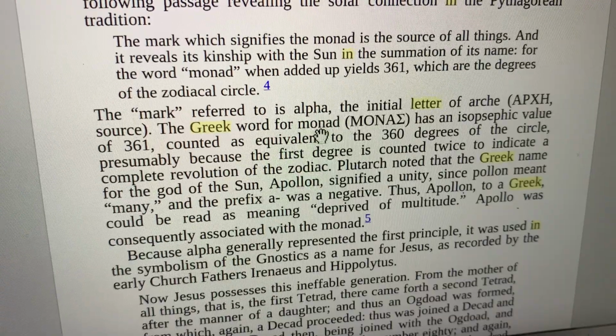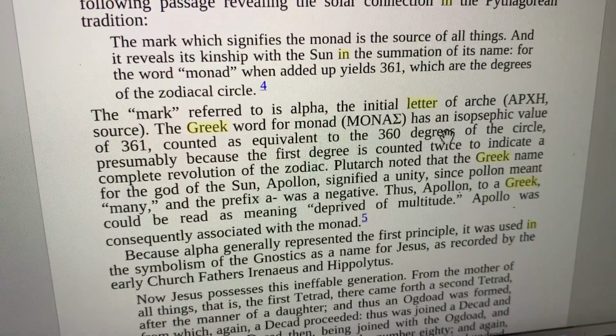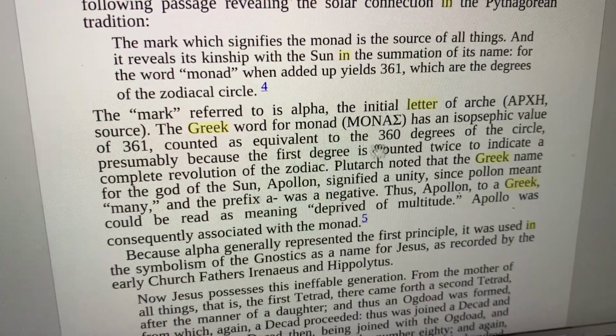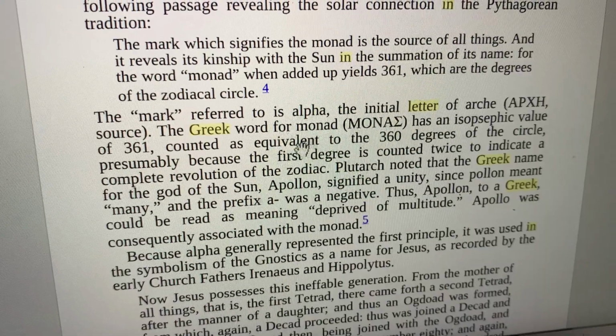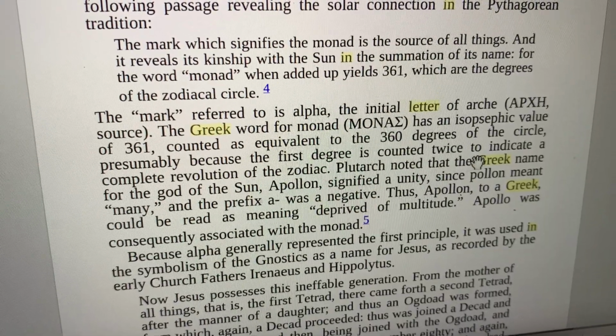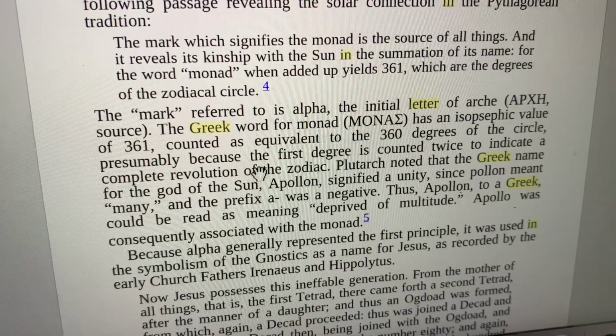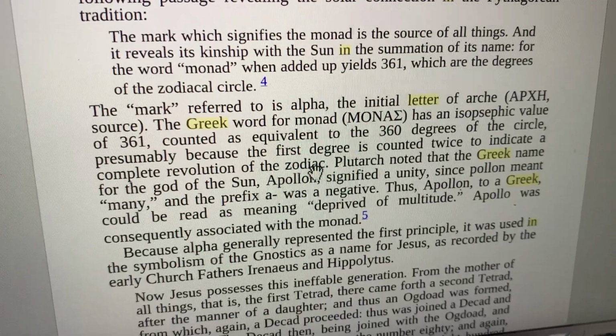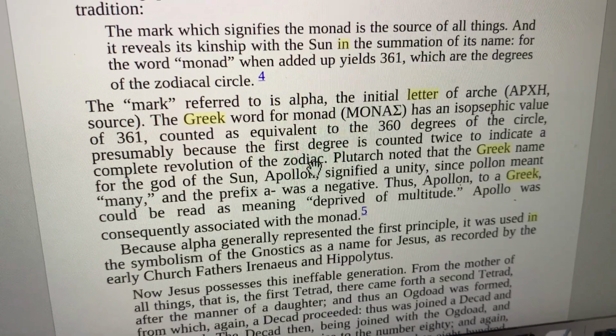And then the Greek word for monarch is the value of 361 counted equivalent to 360 degrees of a circle, presumably because the first degree is counted twice to indicate a complete revolution of the zodiac. So more showing you that this has to do with the zodiac.